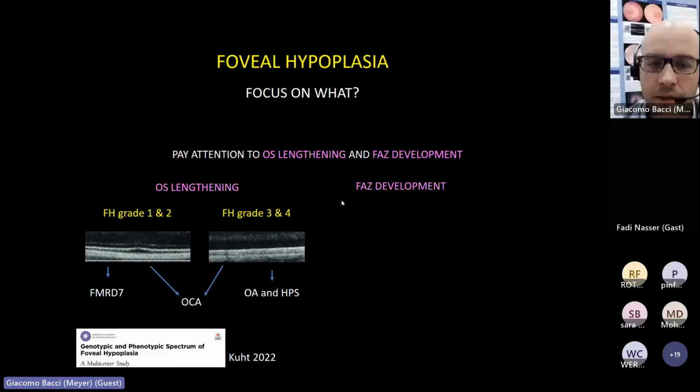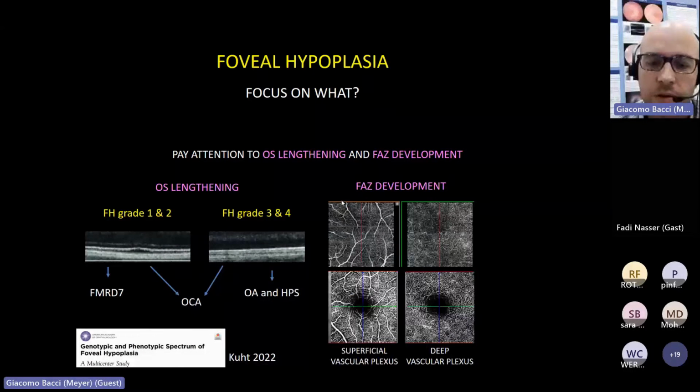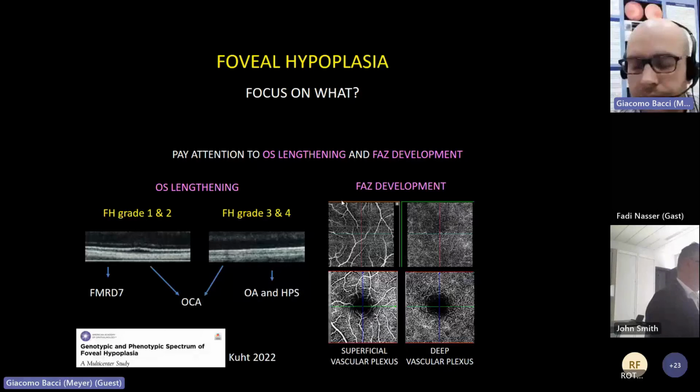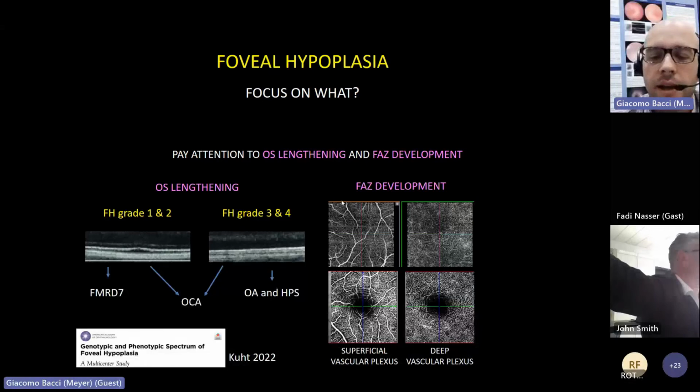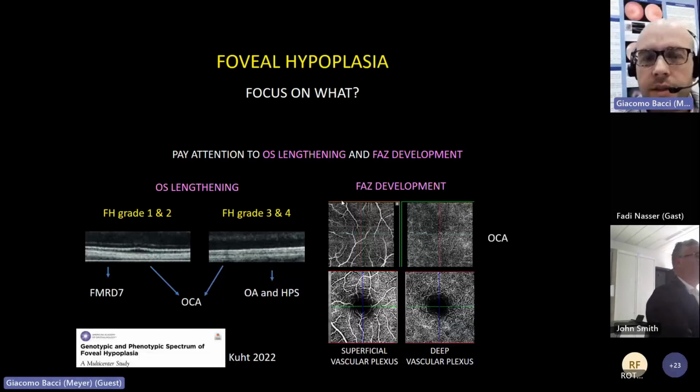And the foveal development is interesting too, because as we know, with OCT angiography, we can study the superficial and the deep vascular plexus. And it is interesting to know that maldevelopment forms such as oculocutaneous albinism do not present, or minimally present, the foveal avascular zone. Instead, forms such as achromatopsia, an inherited retinal dystrophy, do present with a normal or quite normal foveal avascular zone, at least at the beginning.